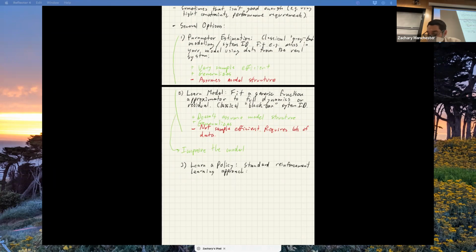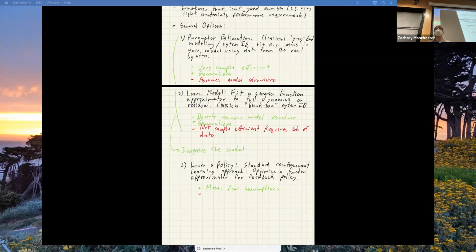So optimize a function approximator for your feedback policy, like policy gradient and all the fancier versions of this. Good things about this: number one, it makes very few assumptions on the system, on the model, et cetera. So this can be very general.